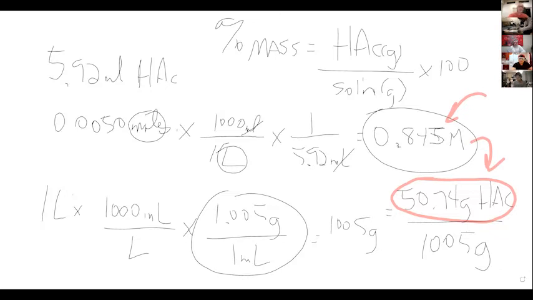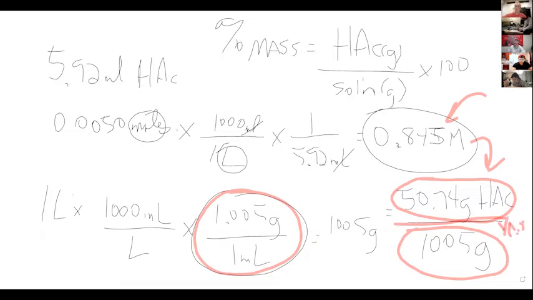And then we just use the density of vinegar, because we're not dealing with water, we're dealing with a solution. And so we figured out that that is the mass of the entire solution. So now I just need to divide those two, multiply by 100. And that gives me my percent mass of acetic acid.